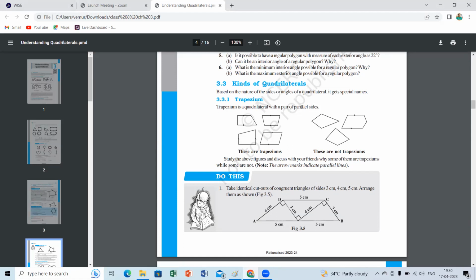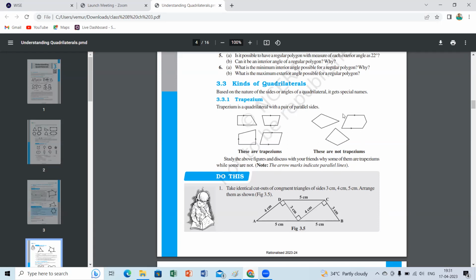Yes, only one pair of parallel sides. Anywhere here do you have parallel sides? No, ma'am. In one figure we have, but it has 5 sides. It's a five-sided figure, but it's not a trapezium. Very good.